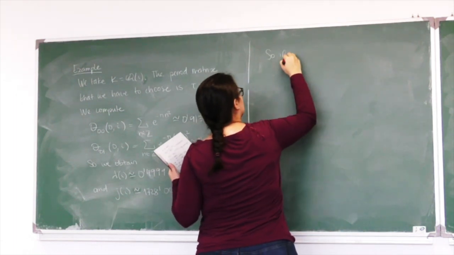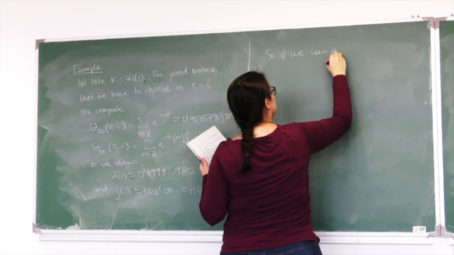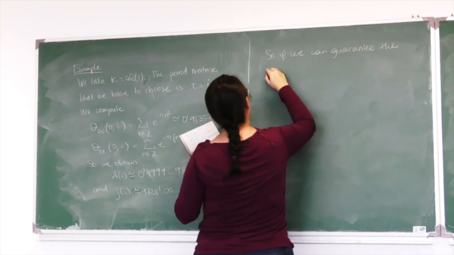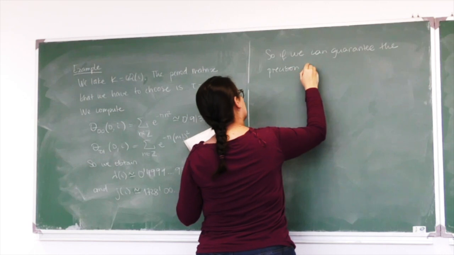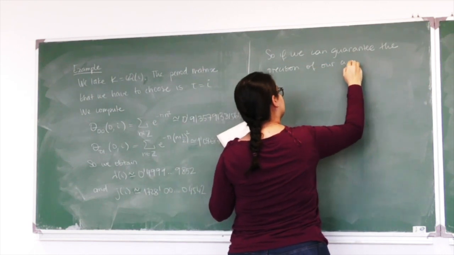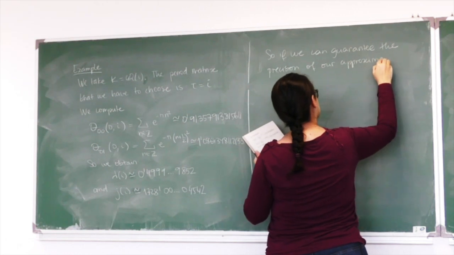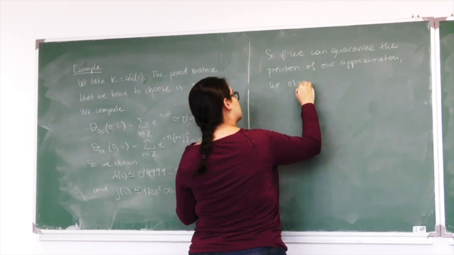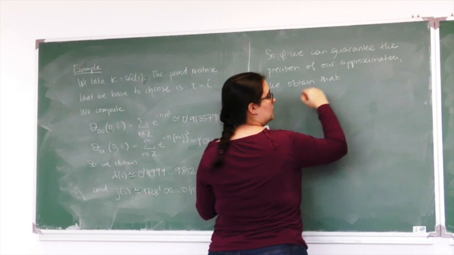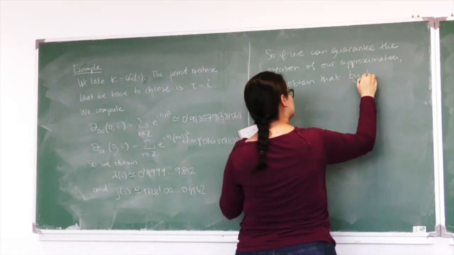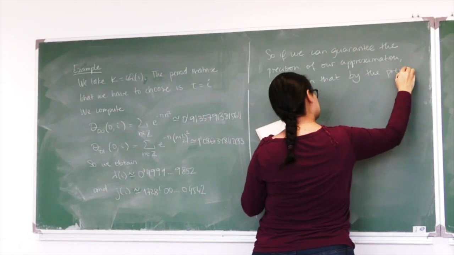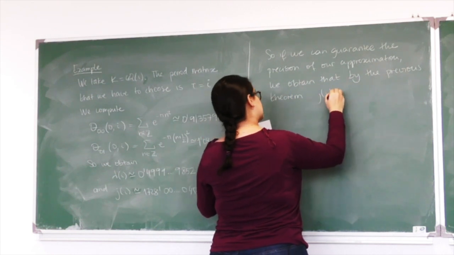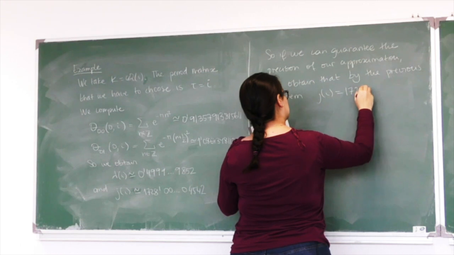So if we can guarantee the precision of our approximation, we obtain that, by the previous theorem, j(i) is exactly 1728.